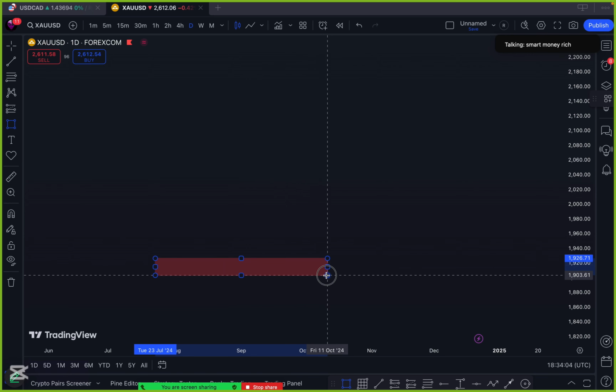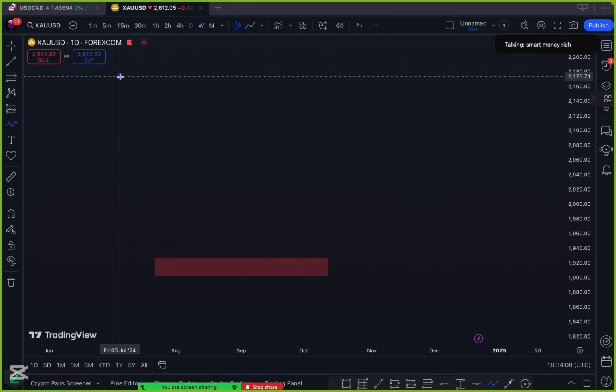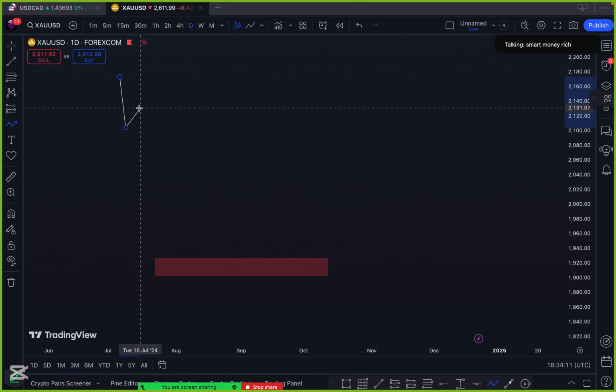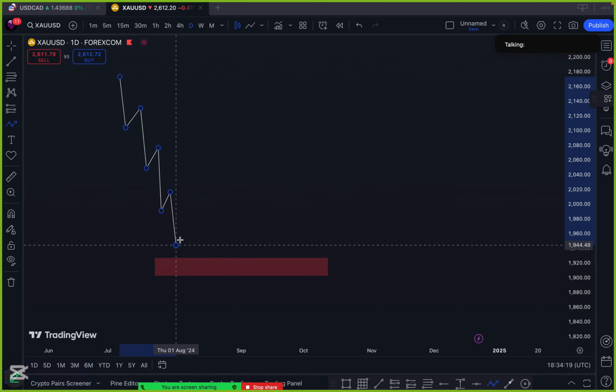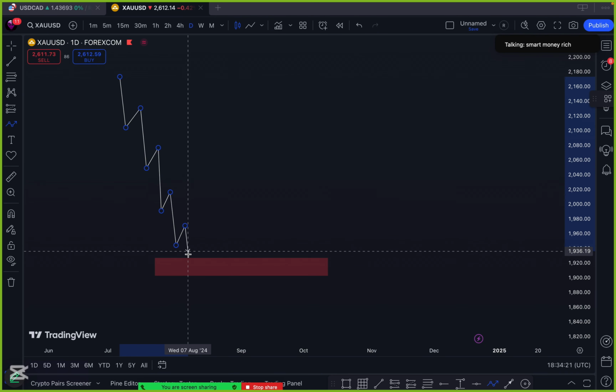Let's say for example, if this was a demand zone and price is coming from a supply, just like this, when price is coming from this supply, price is going to do what? Price is going to react from this demand zone.